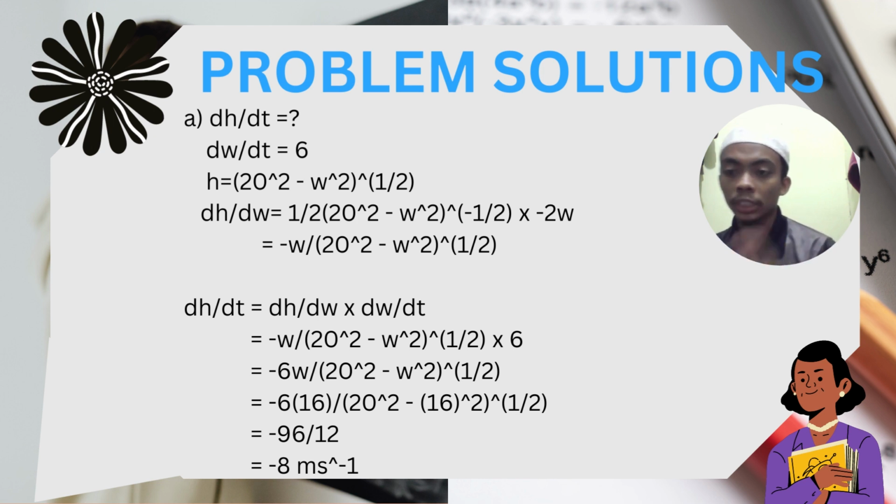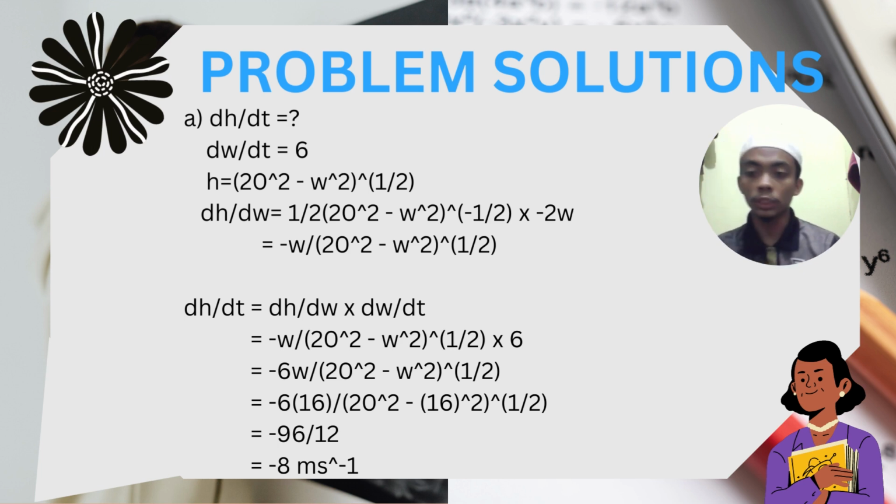So we should write dw over dt is equal to 6, and next we write the equation dh over dt is equal to dh over dw times dw over dt.